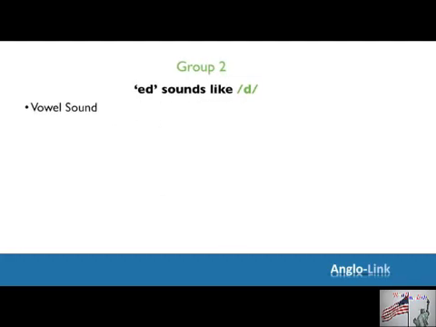Let's look at some examples of vowel sounds. Offer. Remember that in British English, the r at the end is not pronounced. So the last sound is an uh. Offered. Another example with r at the end. Answer. Answered.